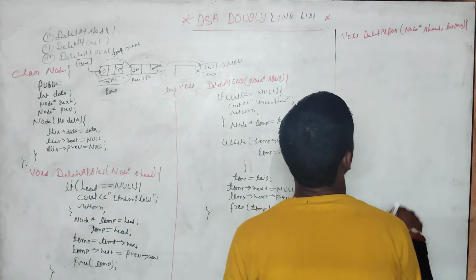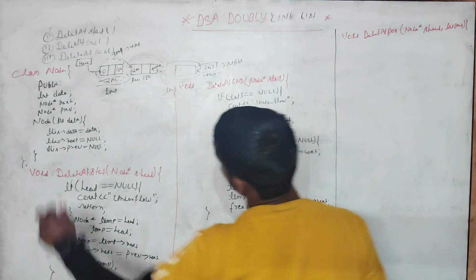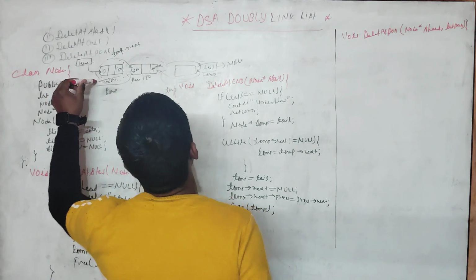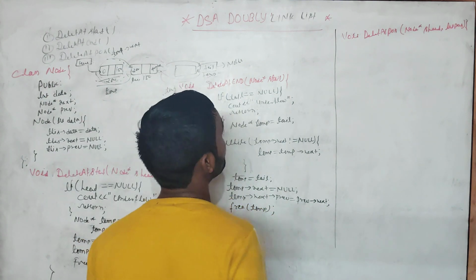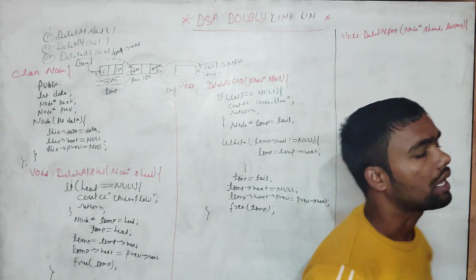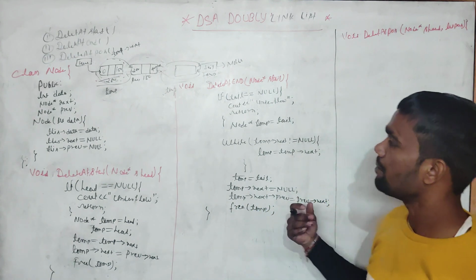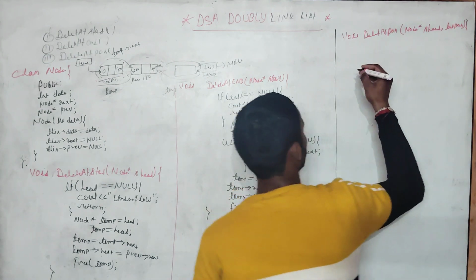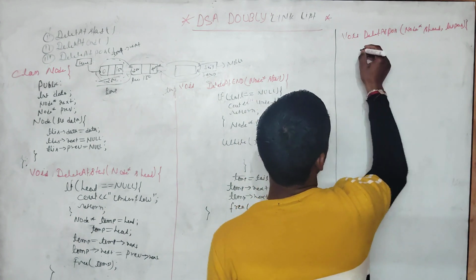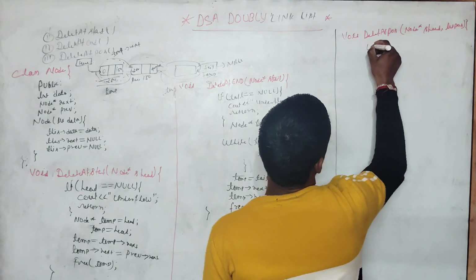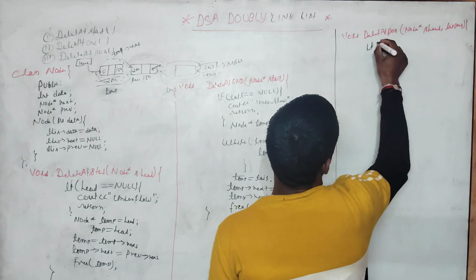Firstly, I check here. We have two base cases. Suppose our head is equal to null, then tail is equal to, then what will be? Simply linked list is empty. Okay, I'm just taking here a base case.